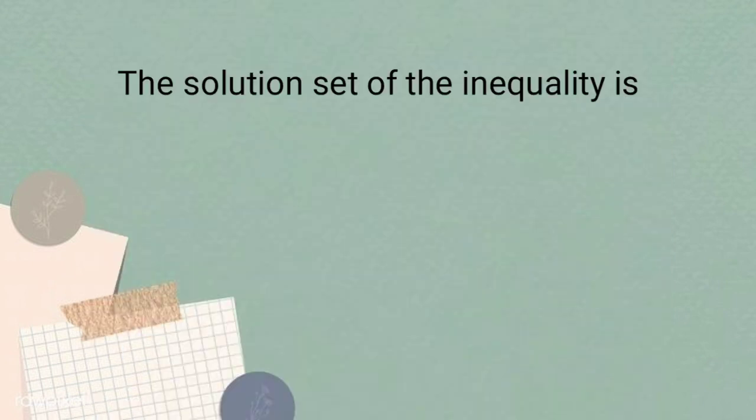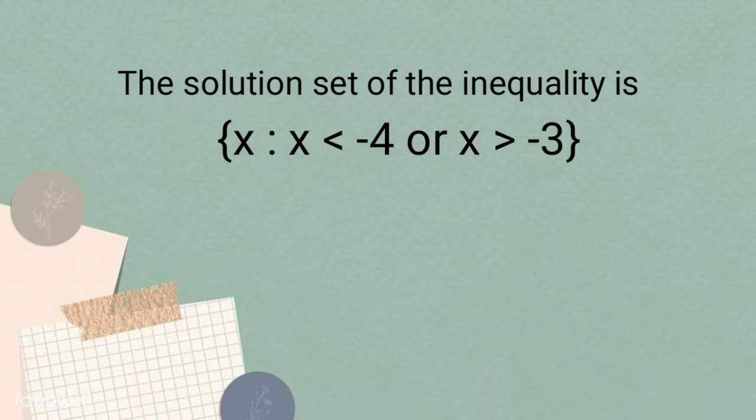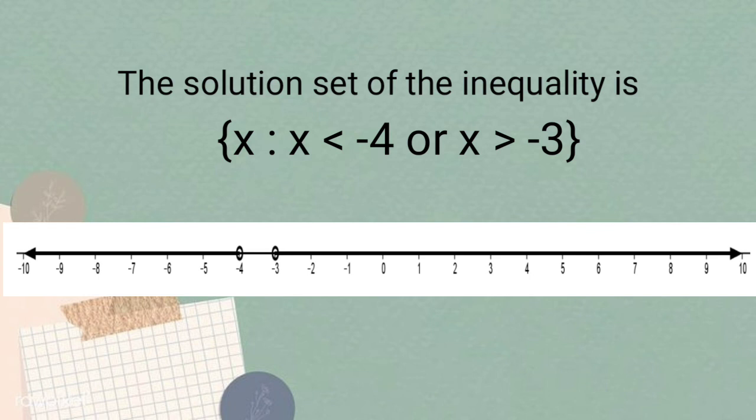So, meaning, the solution set of the inequality is x is less than negative 4 or x is greater than negative 3. And here is the graph of our solution set. So note that the hollow circles are used to show that negative 3 and negative 4 are not part of our solution set.